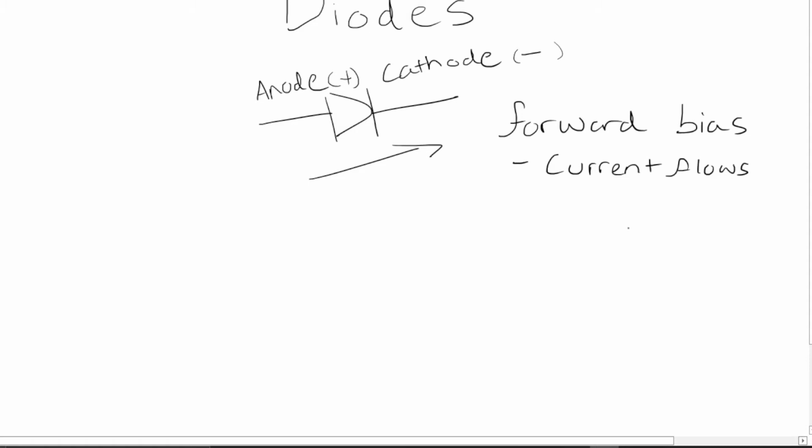Now reverse bias is when a reverse voltage is applied to the diode. So if we connected it with the cathode where the anode should be, then from what we've said before, current will not be allowed to flow. So in reverse bias, no current flow.